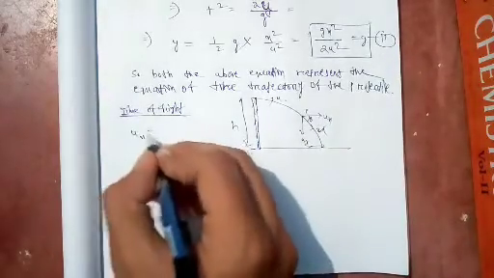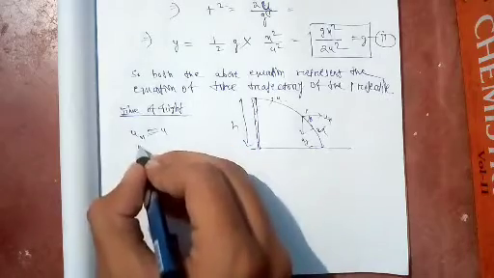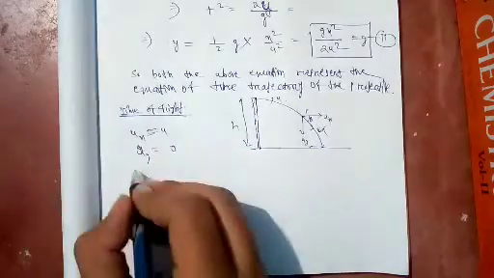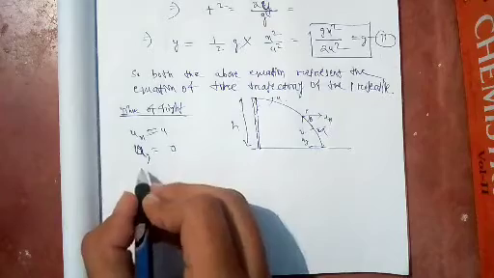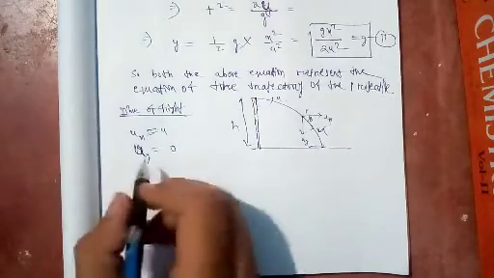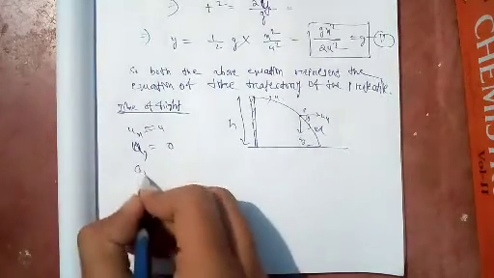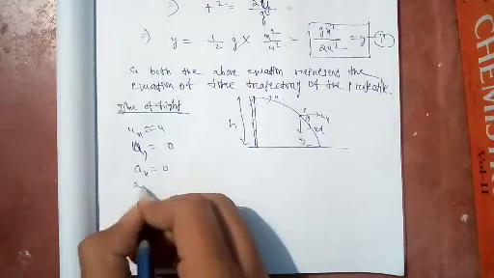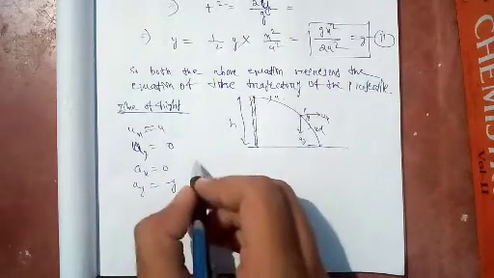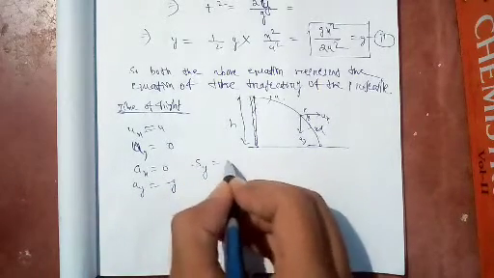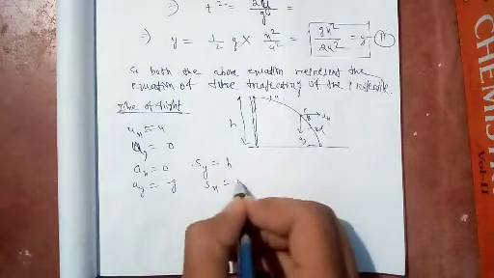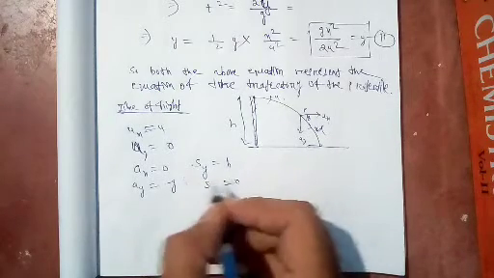Okay, ux is equal to u, uy is equal to 0, velocity in the y direction is equal to 0, then acceleration in the x direction is 0, acceleration in the y direction is equal to minus g.